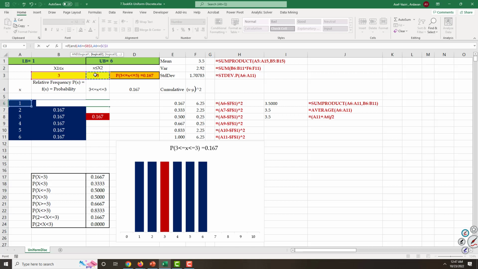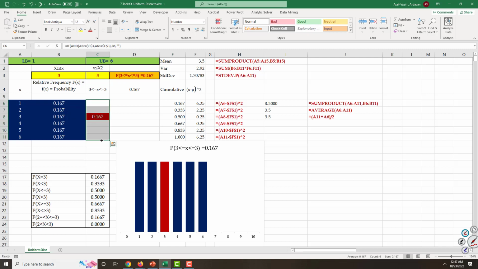If that and is correct, then type this one. If it is between those two numbers, type that one. Otherwise, type nothing. And then if I copy down, if I want a probability between 2 and 3, if I enter it, I can see the figure and I can see those probabilities.